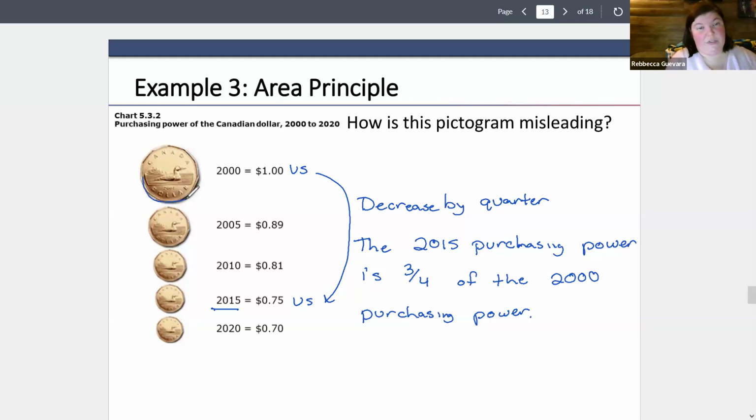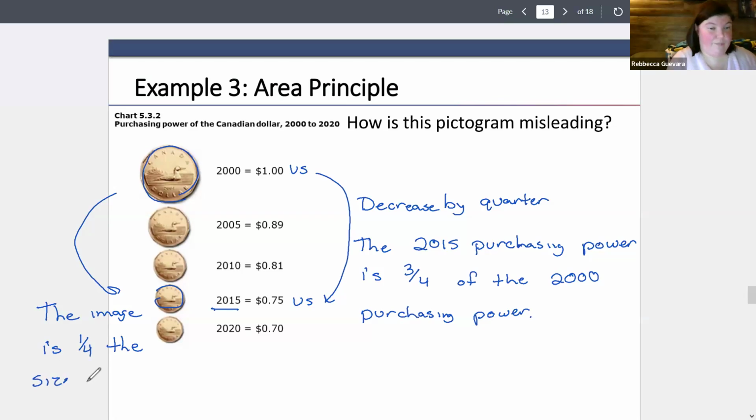The images, however, if you compare this image to this image, the image is 1/4 the size of the 2000 coin. What it should be is 3/4 of the size, because we still retain 3/4 of that value, but what this image is showing me is 1/4.